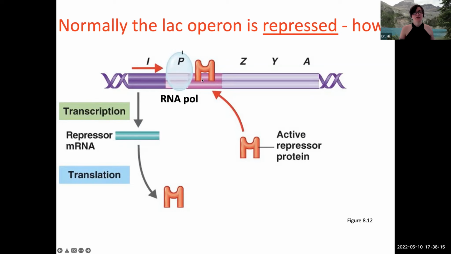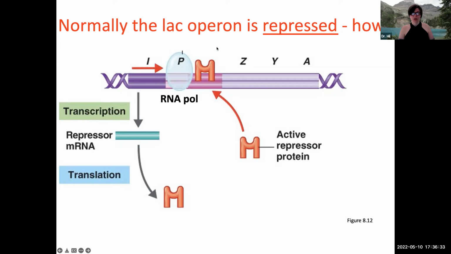Remember that as long as the repressor is in the way, transcription cannot happen. If the repressor is here, it's repressing transcription. So that's the default, okay? This is the lactose operon.